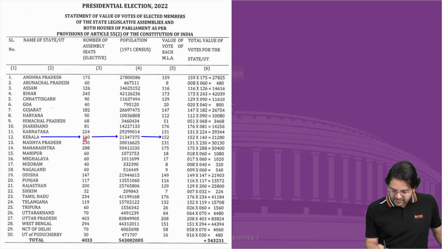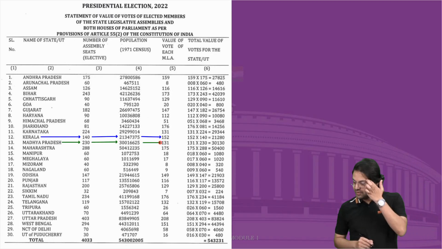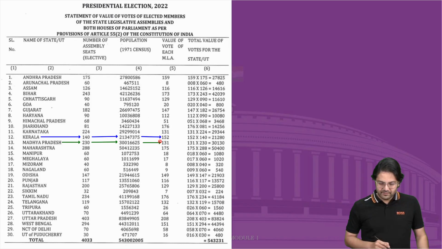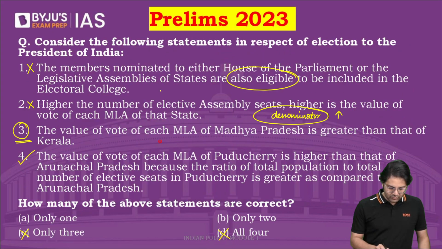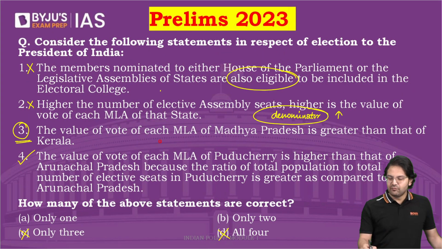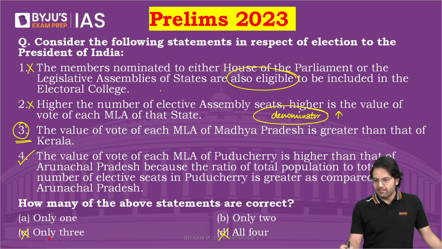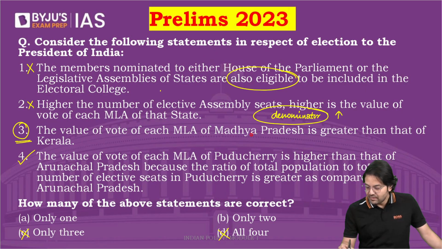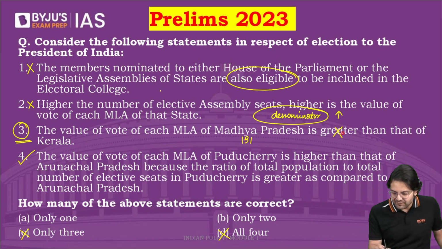And we have MP. Look at their population, their vote value, and number of seats. If the number of seats increases, the vote value will, of course, come down, which we had already established in the previous question. So, here the value of vote of MLA of MP, which is 131, is not greater than that of Kerala, which is 152.